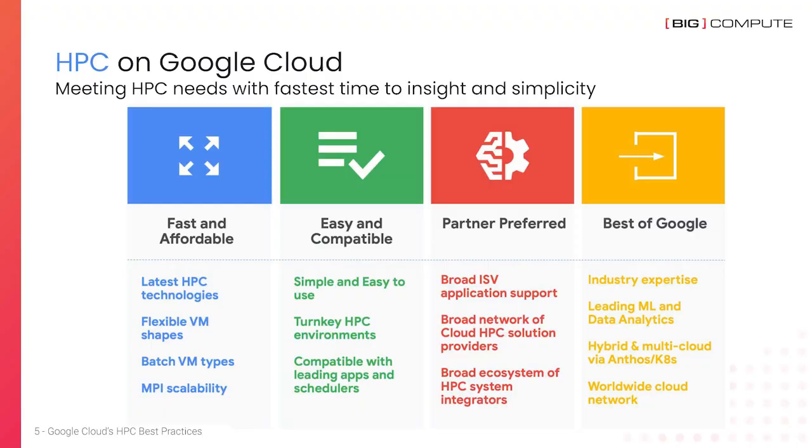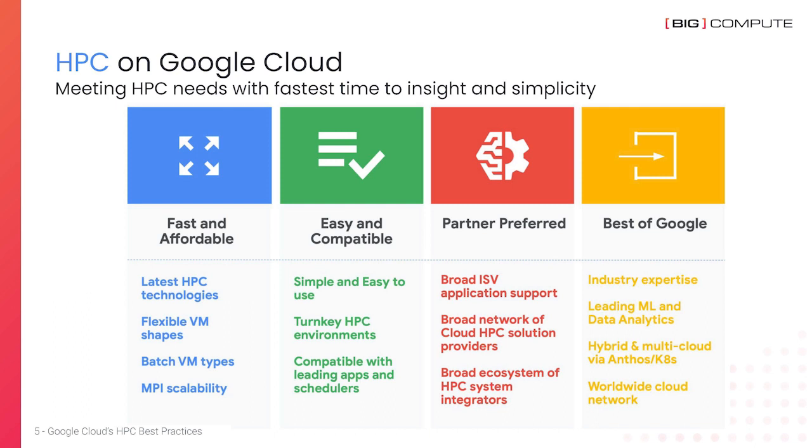Easy and Compatible focuses on making our platform easy for HPC workloads for newcomers and HPC gurus alike. And compatible means integrating with partner applications, schedulers, and more, which leads me to Partner Preferred, which emphasizes our broad network of software partners and system integrators. Last but not least, we bring our customers the best of Google by engaging industry and ML AI experts and allowing you to take advantage of our Google differentiated technology and capabilities.